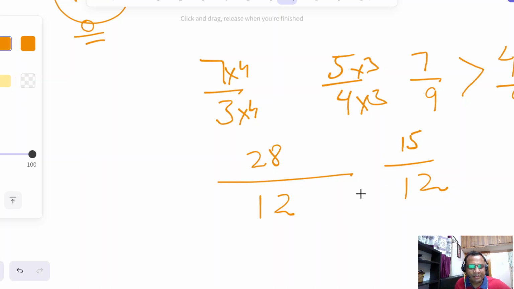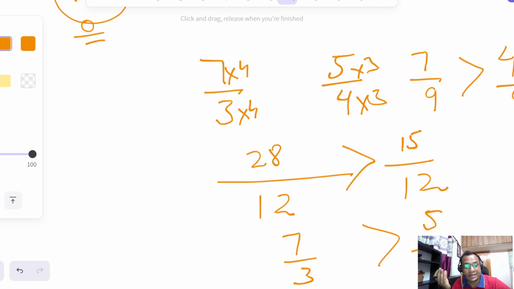Now we are not adding or subtracting, so we just compare the numerators. And 28 is bigger than 15, right? So this fraction is bigger, which means 7 upon 3 is bigger than 5 upon 4. So for comparing fractions also, the same concept applies: make the denominators the same by taking the LCM of the denominators. The one with the bigger numerator will be the bigger fraction.